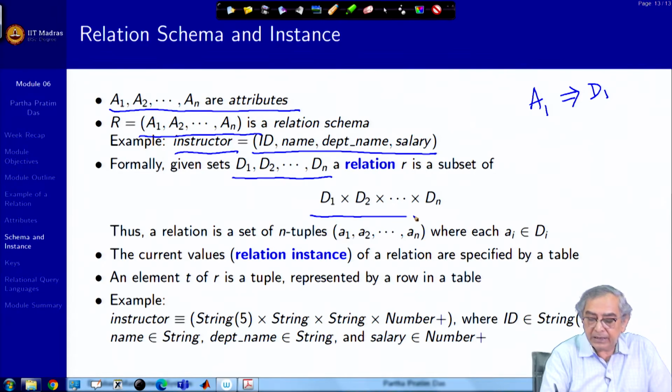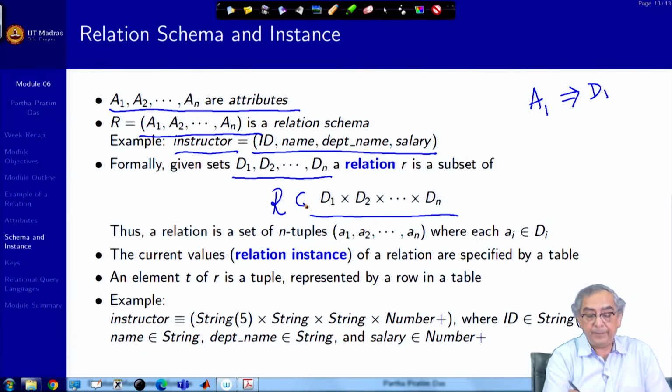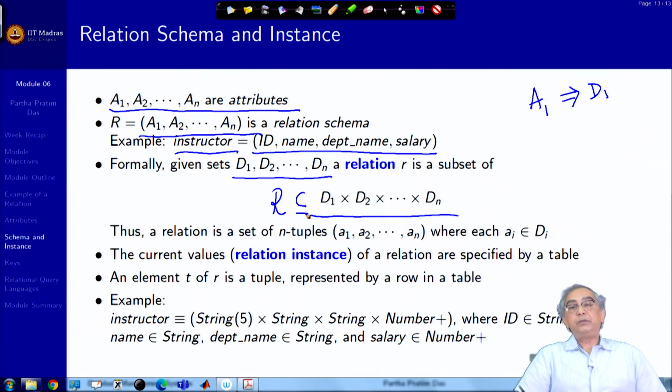Then the relation R is basically a subset of D1 cross D2 cross Dn, because you are making an n tuple out of n different sets D1 to Dn.